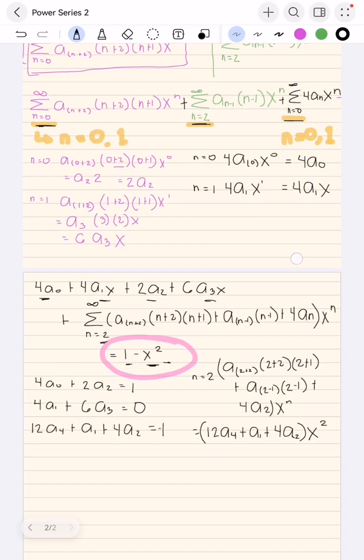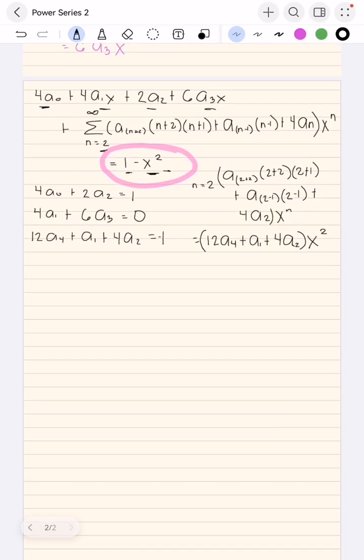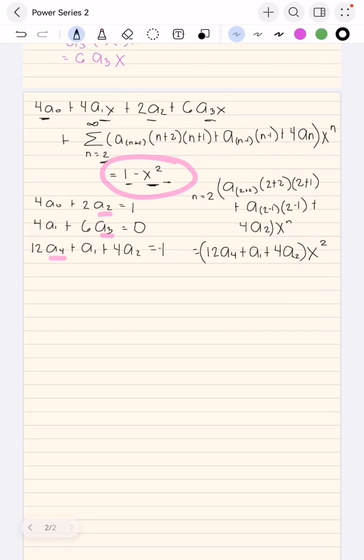So let's slowly solve it. So let's get the highest. This one, and this one. So for the first one, this one would be 2a2 is equals to 1 minus 4a0, and then divided by 2.